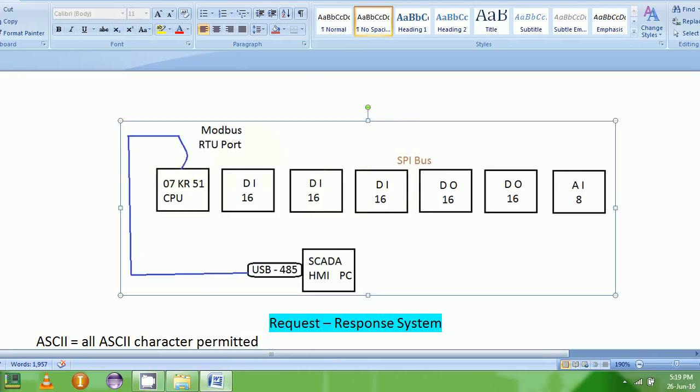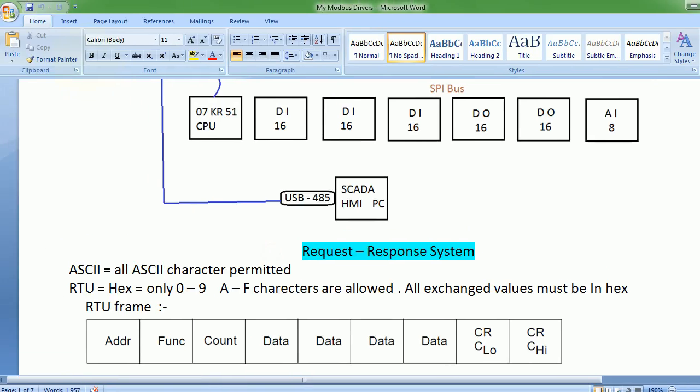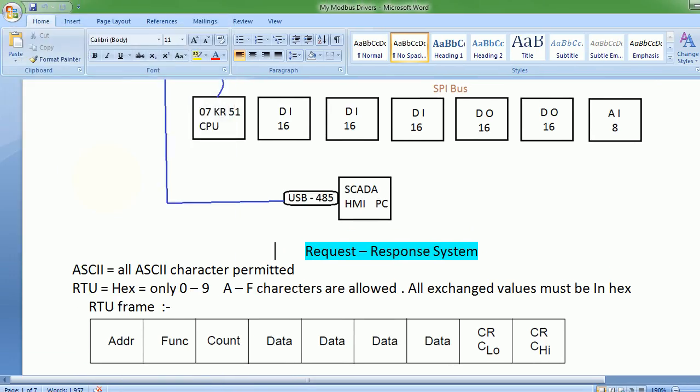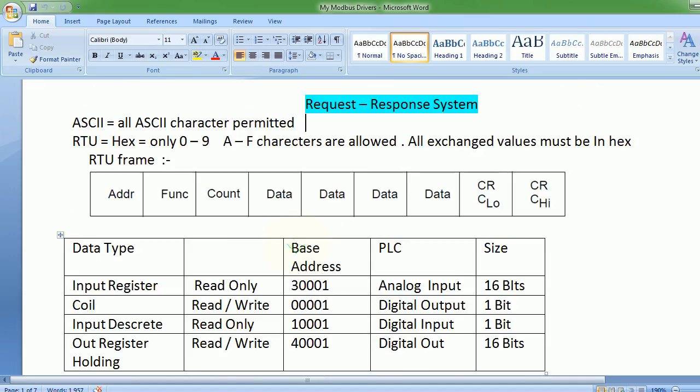This is a little bit about the Modbus protocol itself. These are the notes I actually took when I was young, while working on some of the systems.